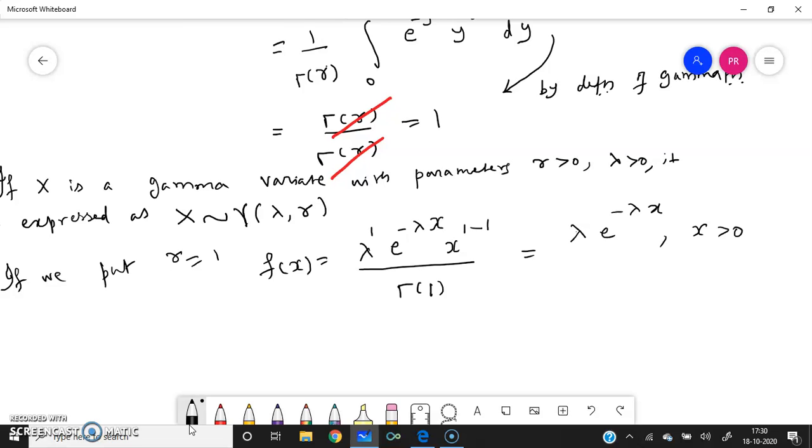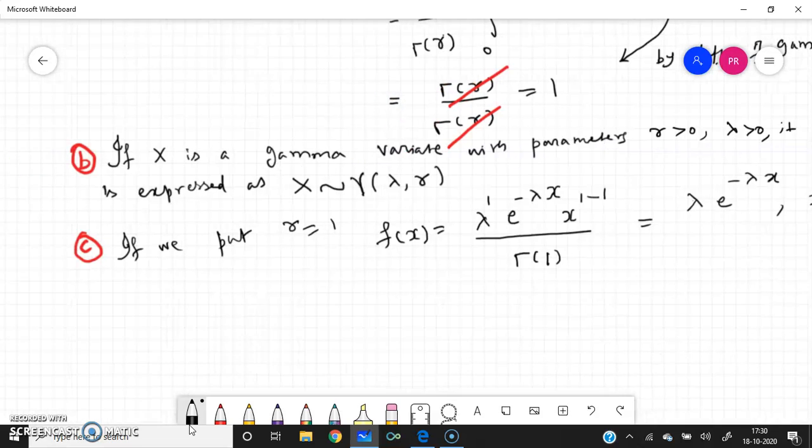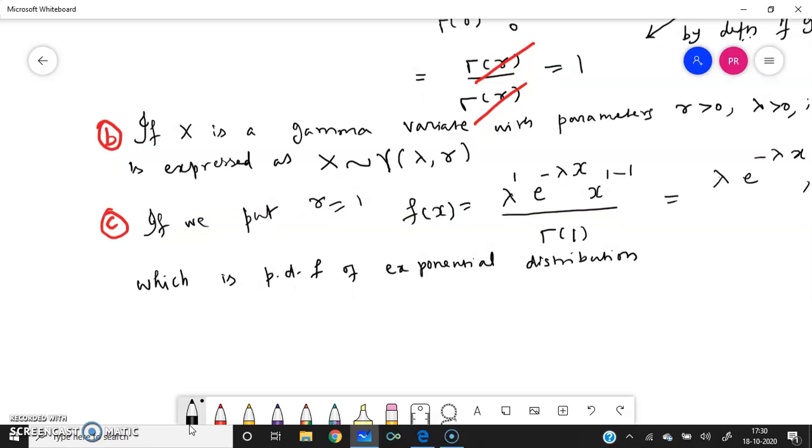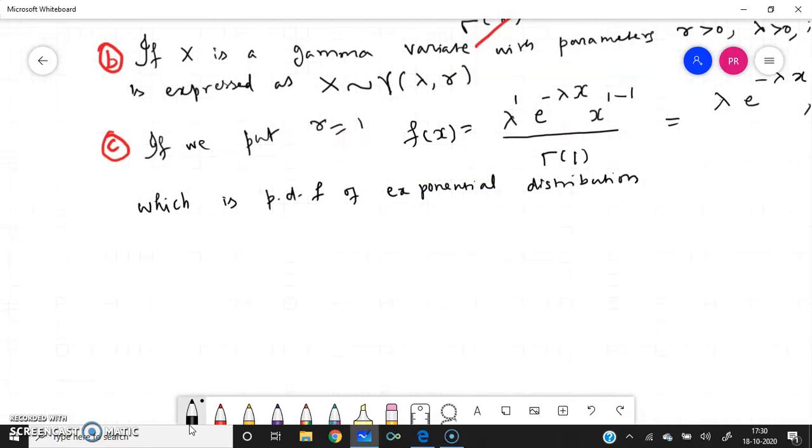What is this? This is nothing but our exponential distribution, the probability density function of the exponential distribution. When r equals 1, you get the exponential distribution.